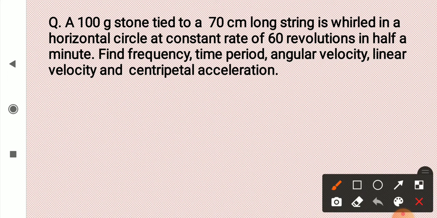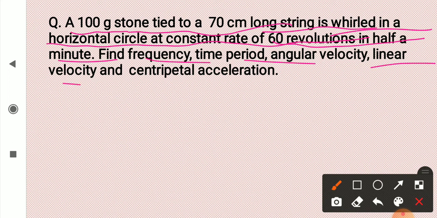So let's see. 100 gram stone is tied to a 70 centimeter long string, and it is whirled in a horizontal circle at constant rate of 60 revolutions in half a minute. Find frequency, time period, angular velocity, linear velocity and centripetal acceleration.